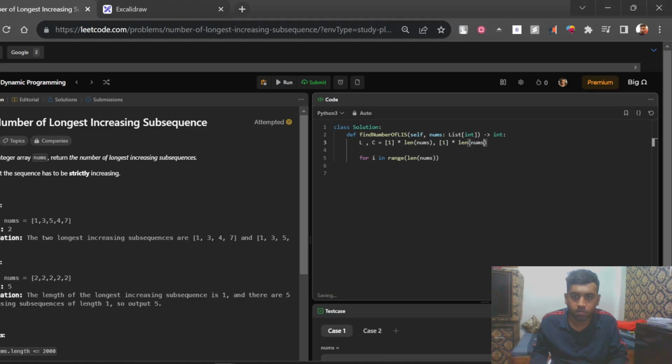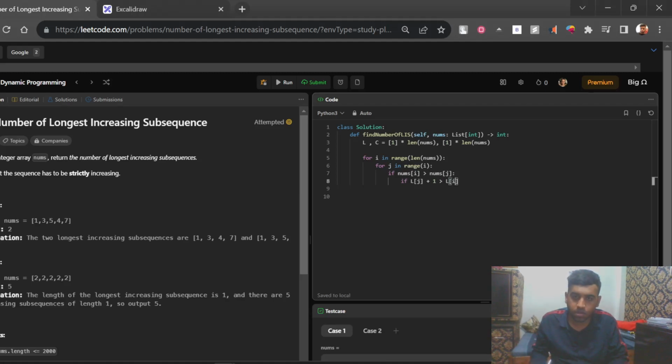It's nums, not num. For j in range I. Alright. If nums I is greater than nums of j, then we'll check if L j plus 1 is greater than L of I.